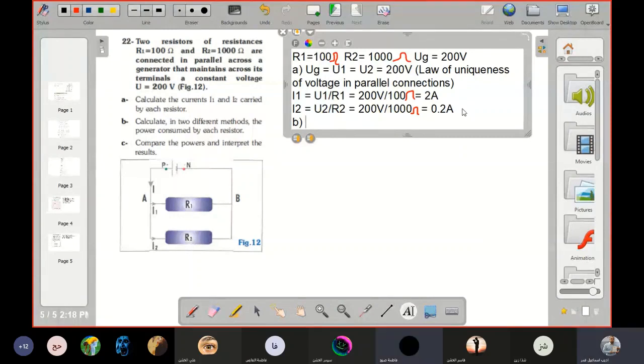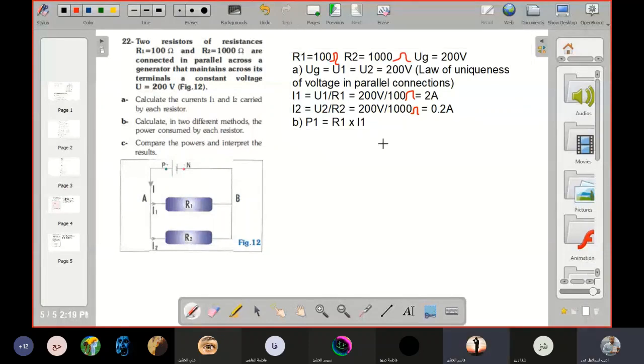We start with resistor 1 and name the power P1. P1 equals R1 times I1 squared.